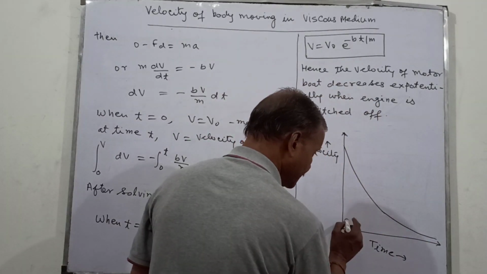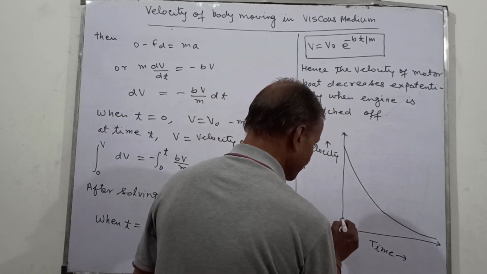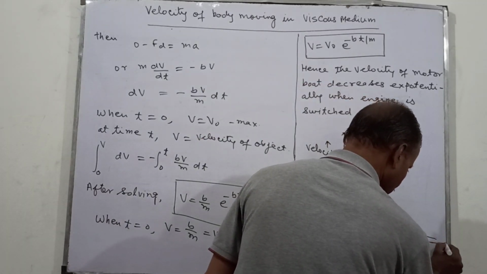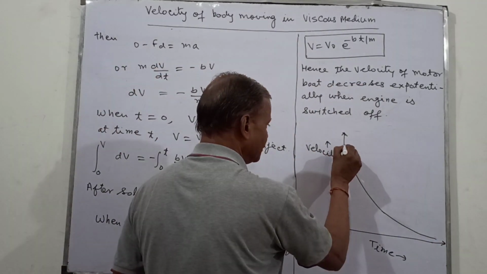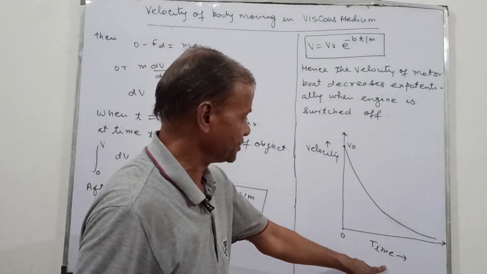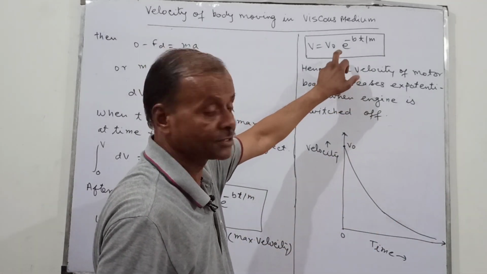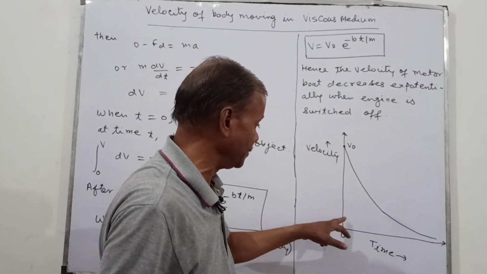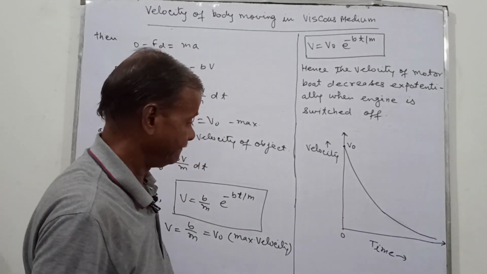This shows the variation of velocity with time. Here we have the velocity v0 when time is equal to 0. As time increases, the velocity decreases exponentially, as we have shown by this equation. This velocity is the minimum velocity, and then the motorboat will stop after some time.